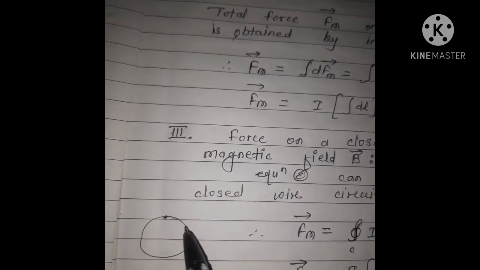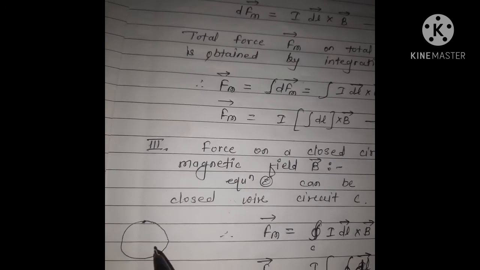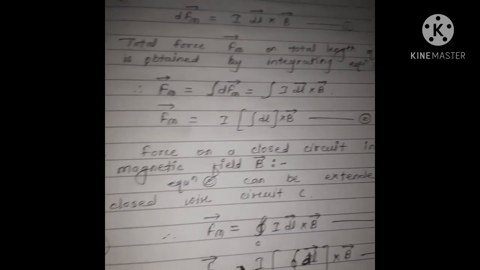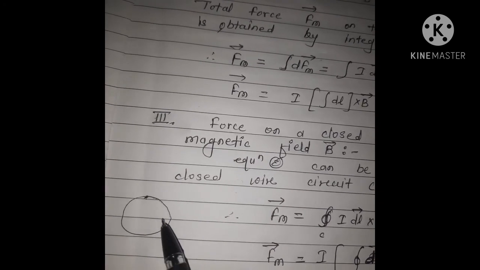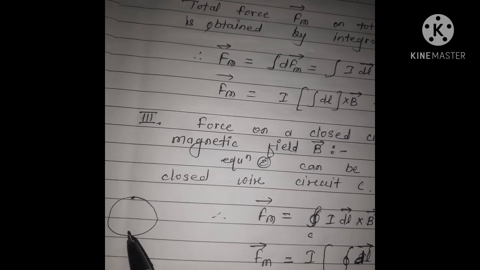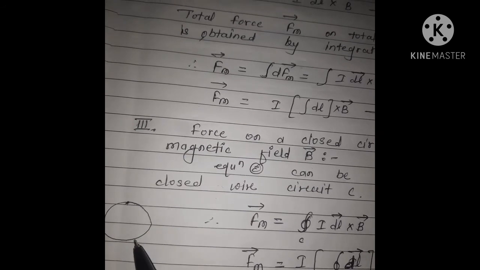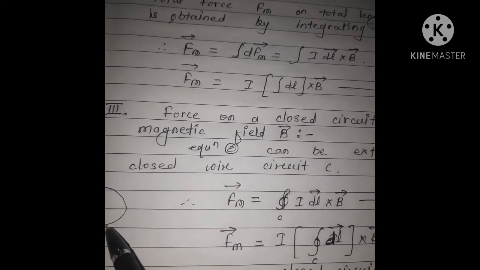Such a loop is called a closed circuit. So we have to determine the total magnetic force exerted on this closed circuit. Suppose circuit C.